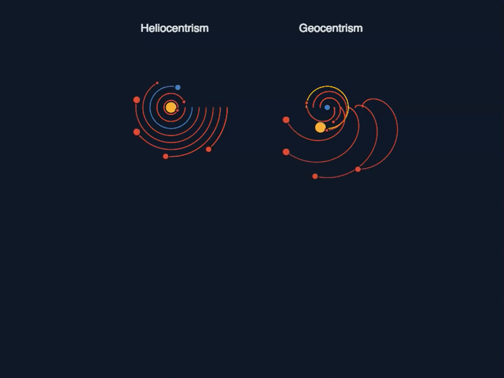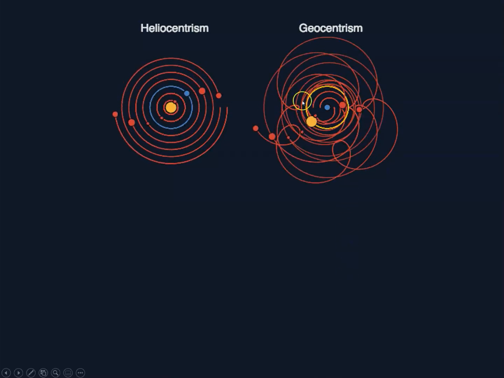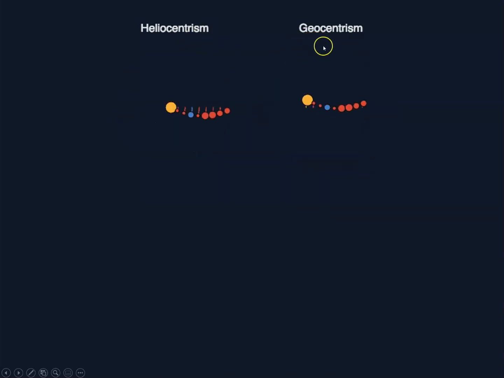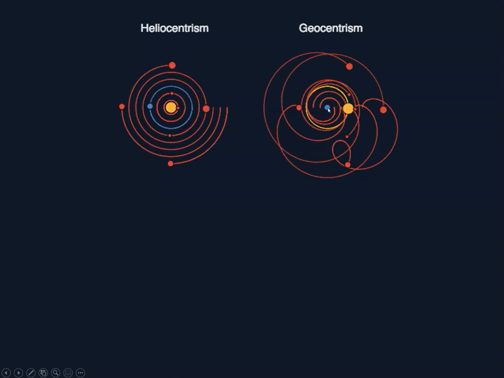Here's another situation where Occam's razor could be applied. So heliocentrism is recognizing the sun is at the center of our solar system versus geocentrism, where the earth is at the center.